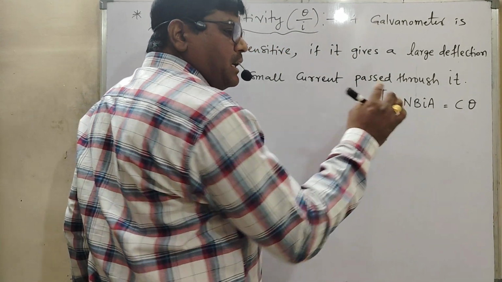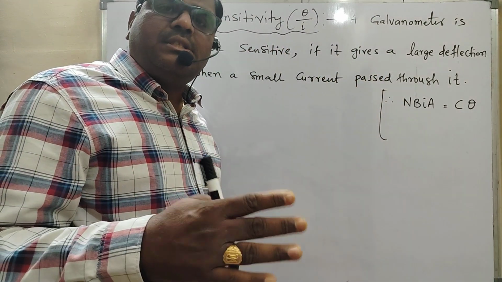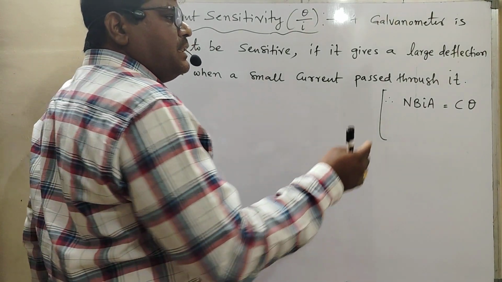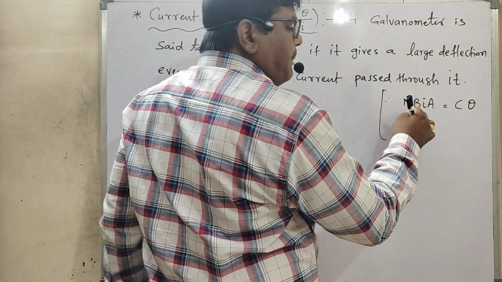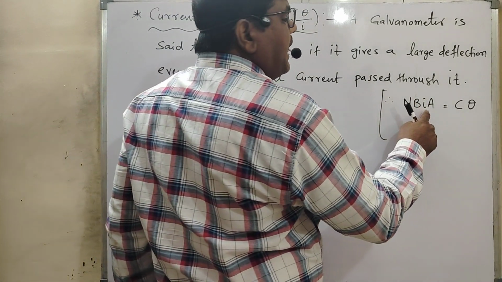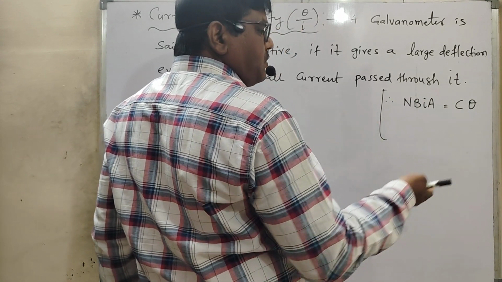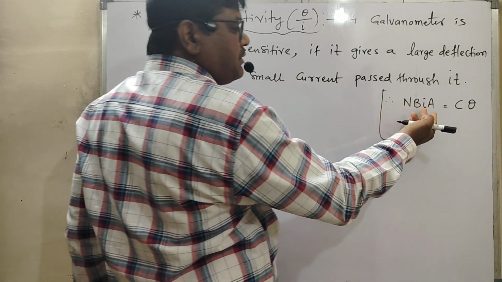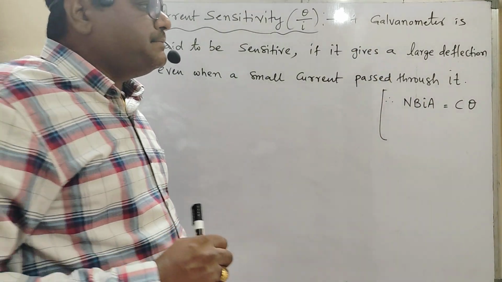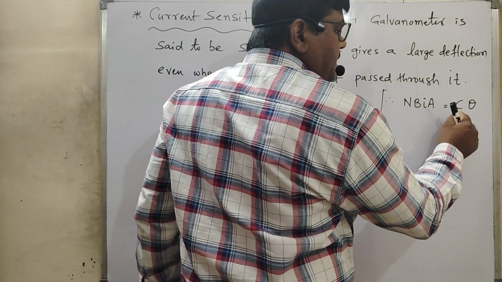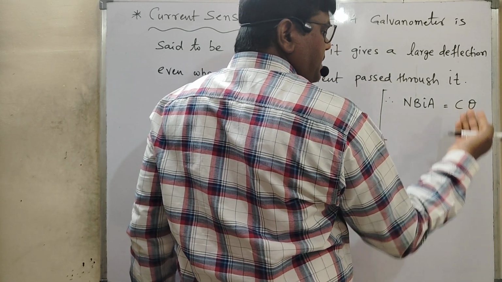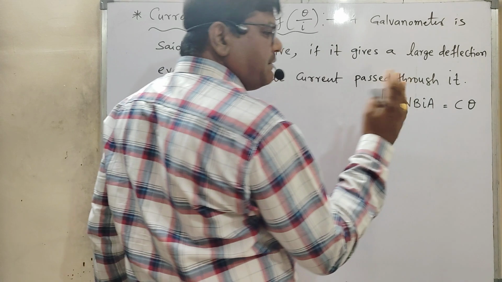What is N here? The total number of turns in the coil you are using in the galvanometer. B is the magnetic field provided to the coil, I is the small current flowing through the coil, and A is the area of the coil. C is the couple per unit twist, otherwise called the torsional constant. Theta is the deflection of the coil.